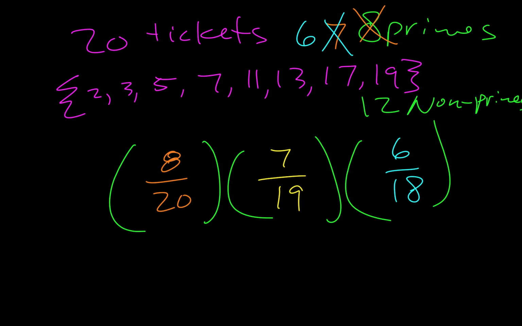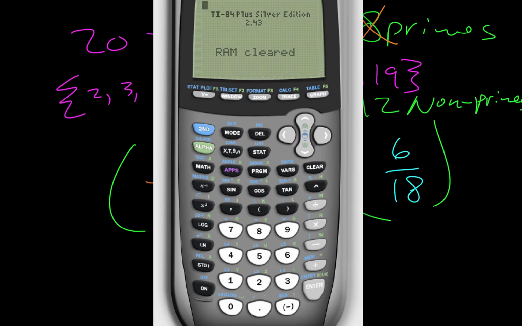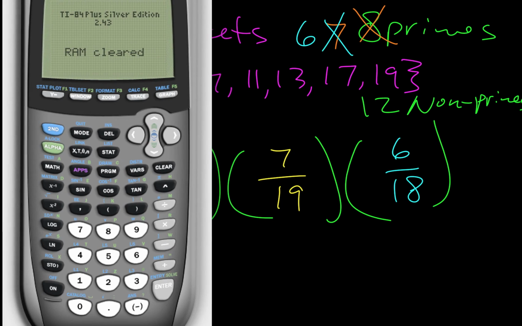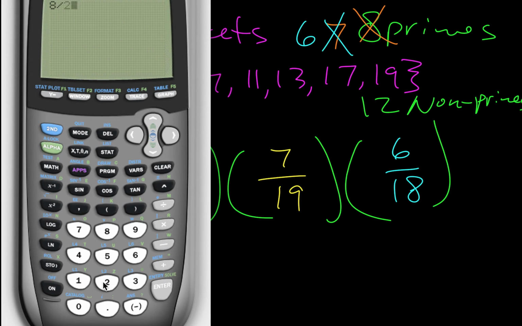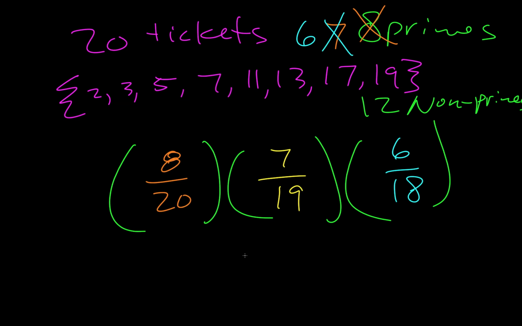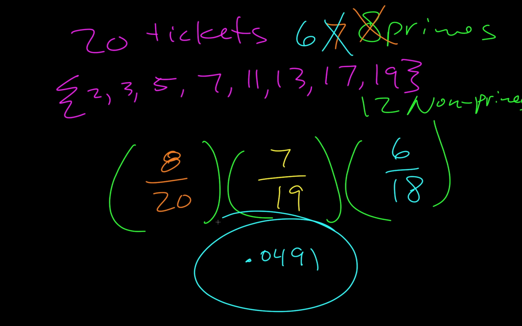We multiply this together on a calculator: 8 out of 20 times 7 out of 19 times 6 out of 18. Remember, we have to go to 3 significant figures, so it's 0.0491, and that would be the probability of that situation.